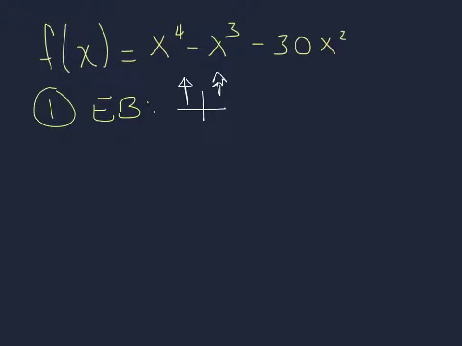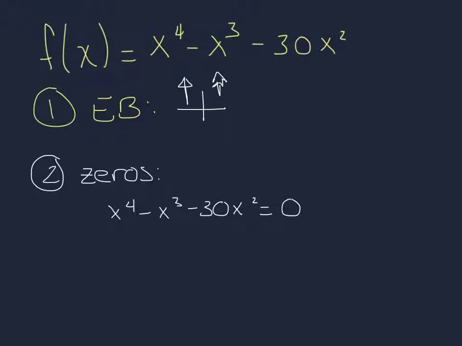Okay, the next thing I want to do is find the zeros, or the x-intercept solutions, whatever you want to call it. So I'm going to set x to the 4th minus x cubed minus 30x squared equal to 0. Here I can factor out an x squared, and then I get x squared minus x minus 30 equals 0.